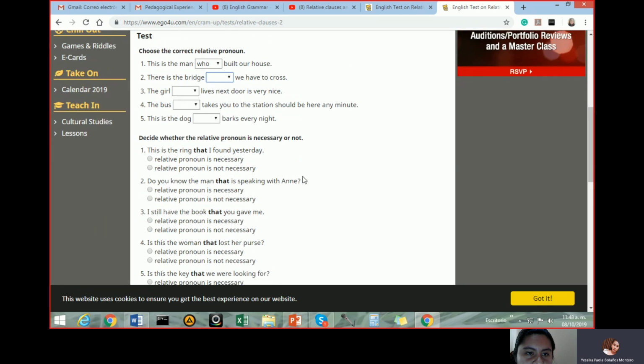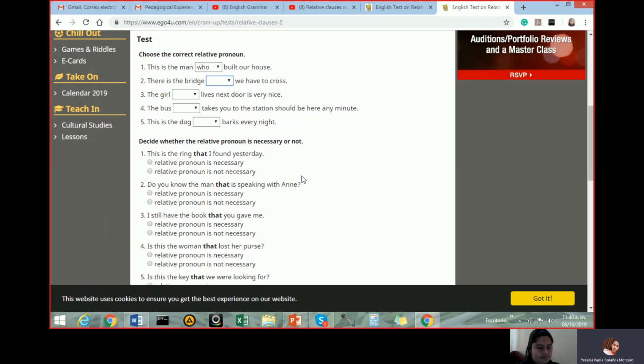Number two. There is a bridge. Which. Why which? The bridge is a thing.